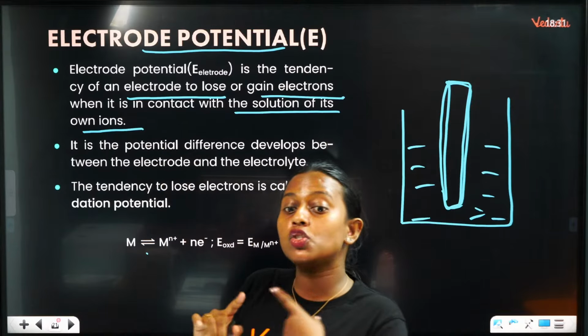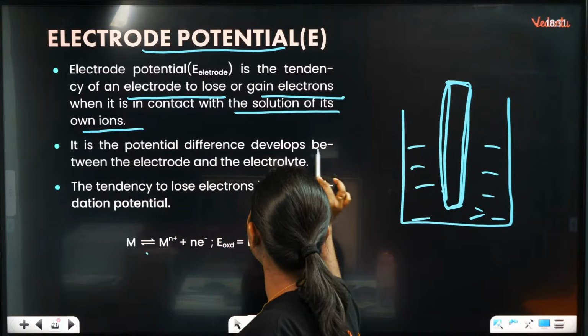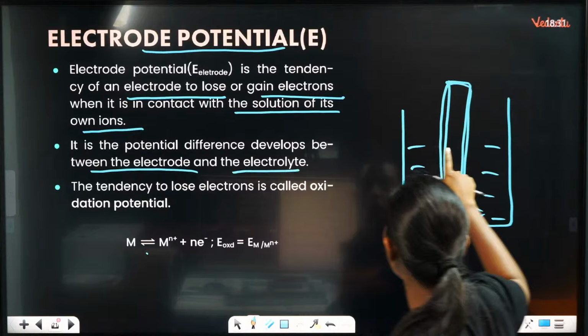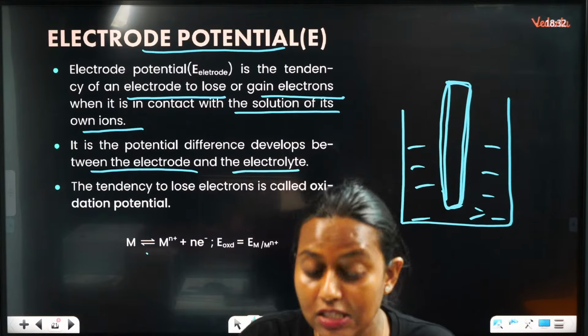There are two types of potential. Electrode potential is the potential difference developed between electrode and electrolyte.